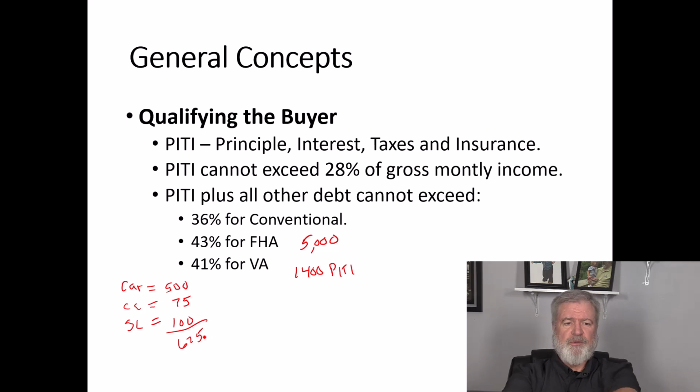So what are we going to do with this? Because if you look at that third bullet, it says your PITI payment plus all other debt cannot exceed X percent. And you see that those percentages vary based on the type of loan you're getting.